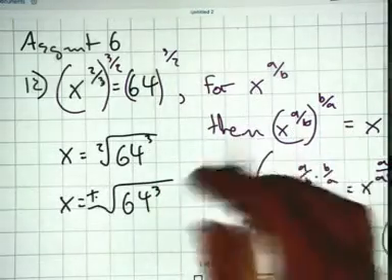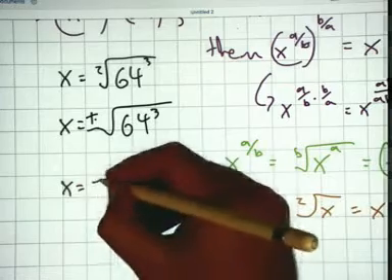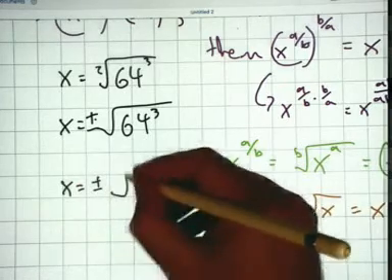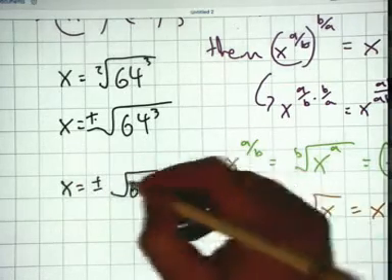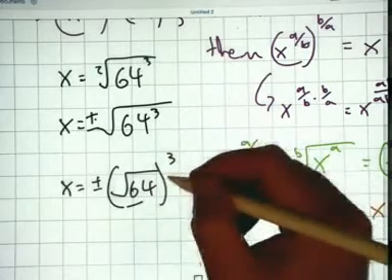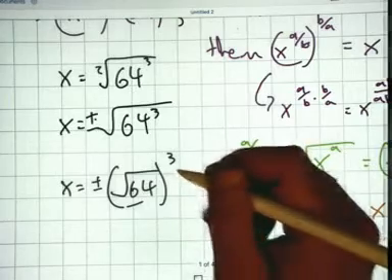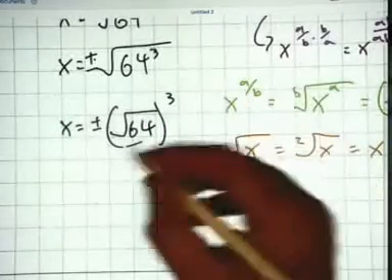Now, I don't want to do 64 to the 3rd power. Too much work. So, I'm just going to think about the square root of 64 and then raise that to the 3rd power.